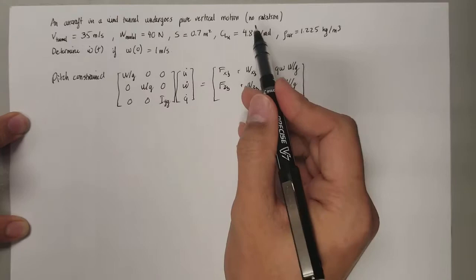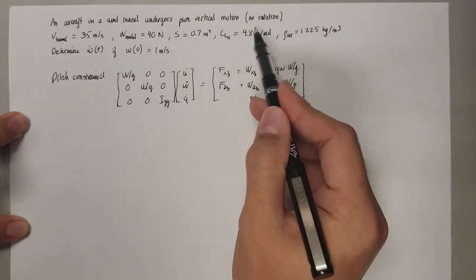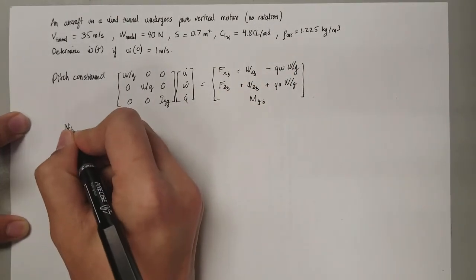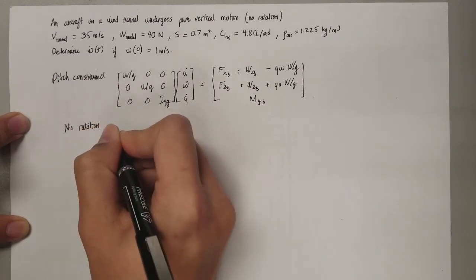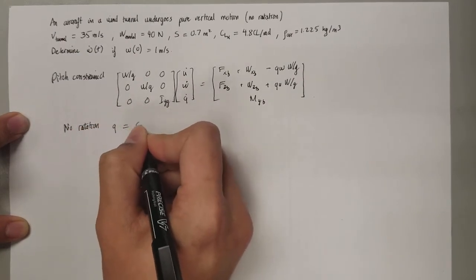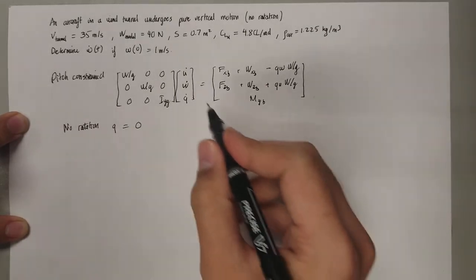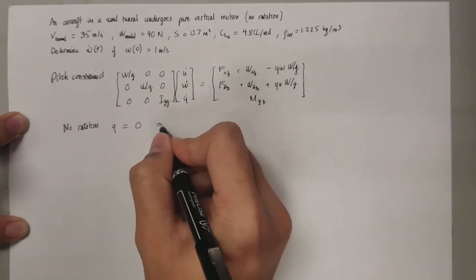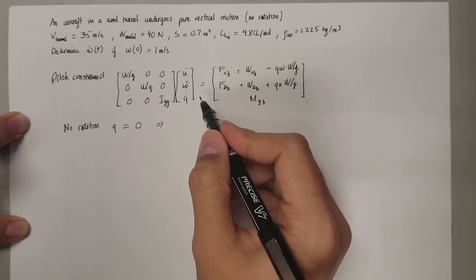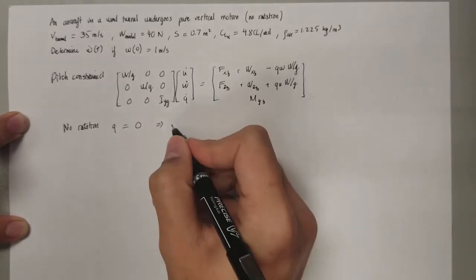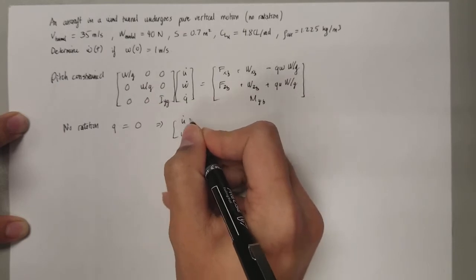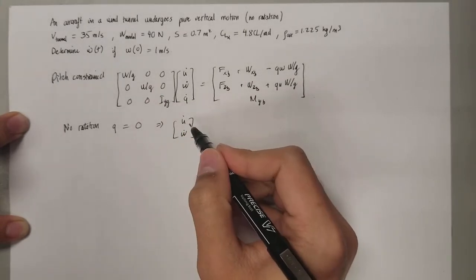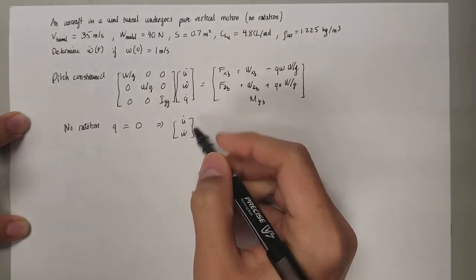We are also given no rotation rate for the aircraft. So since there's no rotation, Q is going to be equal to 0. And so you can rewrite the whole equation with only two terms, in horizontal and vertical translation.